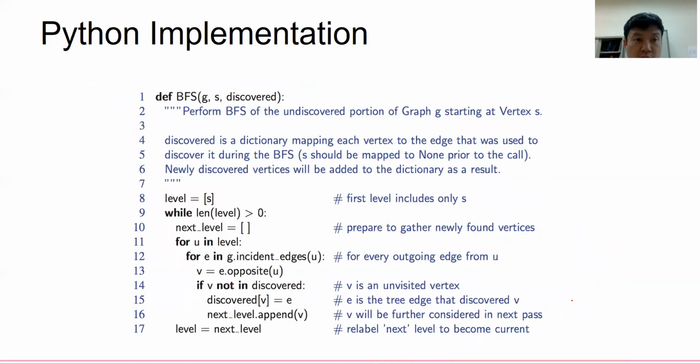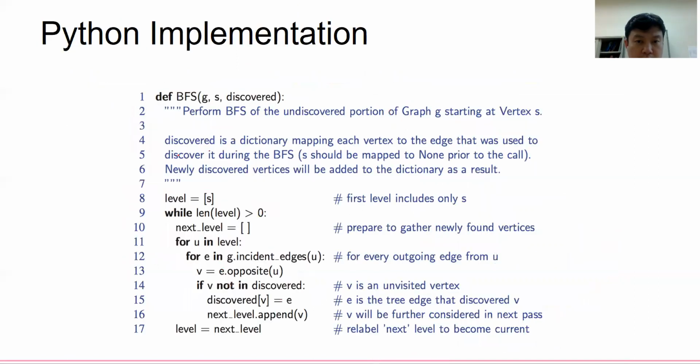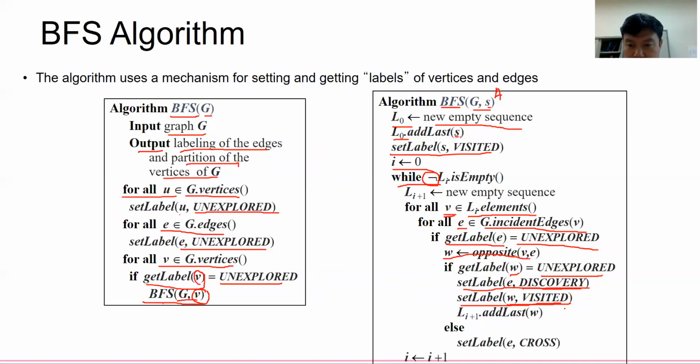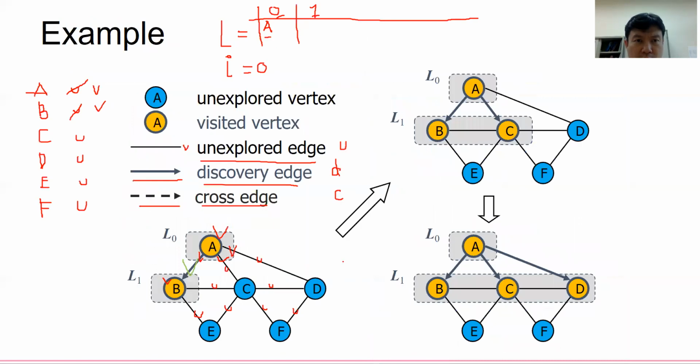So the W is the node, and now it becomes visited. After you visit that node, we want to add the W into the Li plus 1. In this case, the I is 0, and L0 plus 1 means L index 1. So the index 1 will have B.